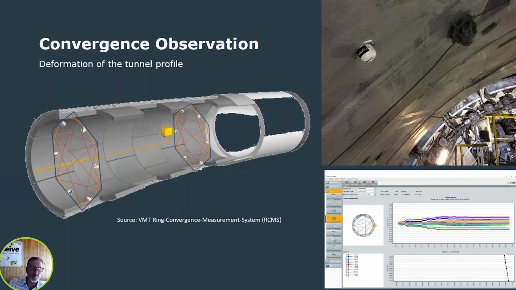So minute by minute, hour by hour, as that process progresses, it's possible to see the changes and the increase in stability. And as soon as it reaches a level that everybody is comfortable with, the system will be taken down and generally just step forward onto the next phase behind the tunneling phase. Some of them will be left in place in some situations for long-term structural health monitoring.